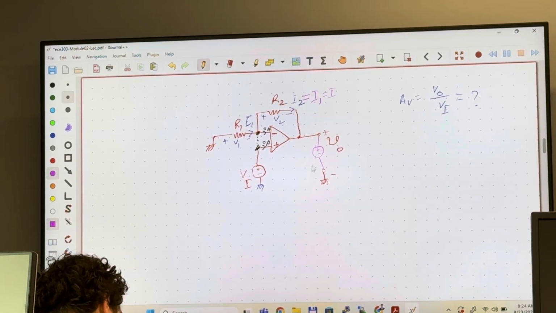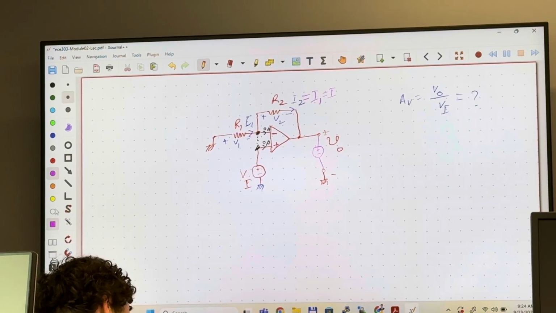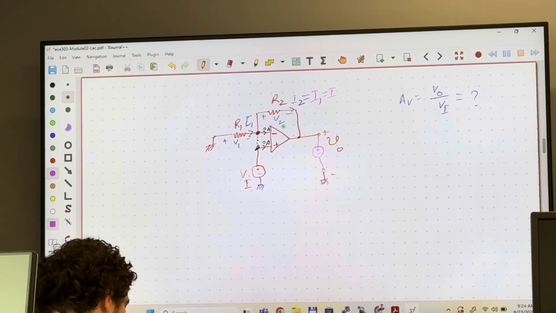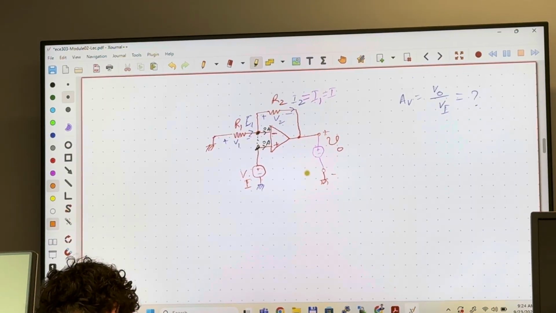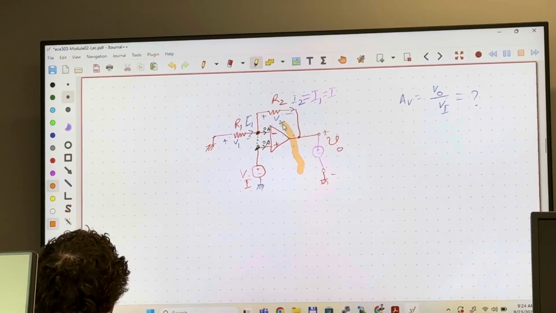Look at my cursor, guys. This circuit is simply a series circuit.